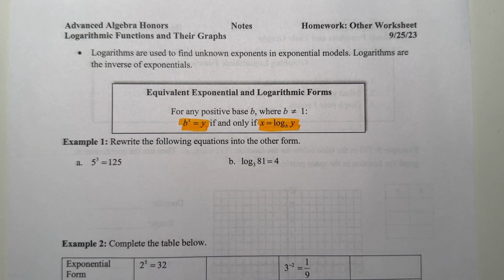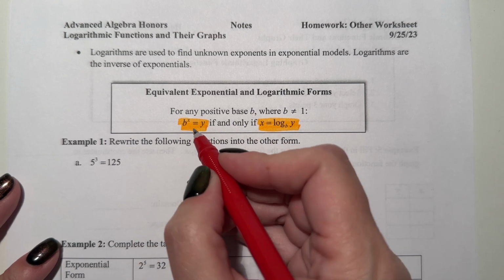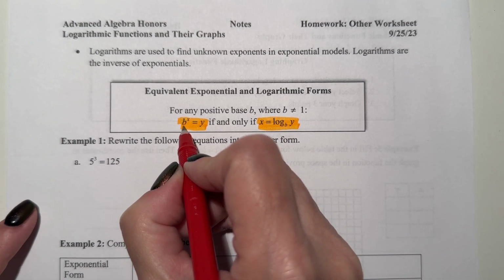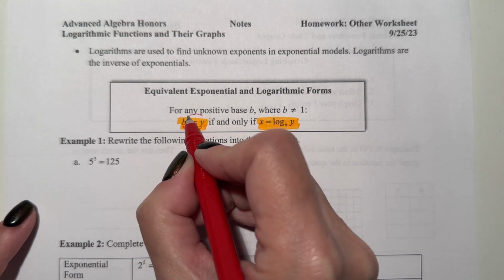Now here's how I remember how to do it. I use kind of a little circular thing to help me out. But again, you may not find this helpful. If this is not helpful to you, don't do it. When I'm trying to convert from an exponential to a log, I always start with wherever the B is, and then I go under the equal sign, and then I go around over to this side.